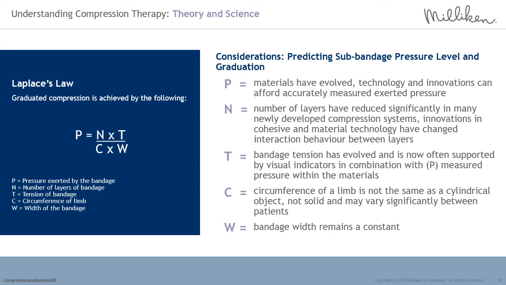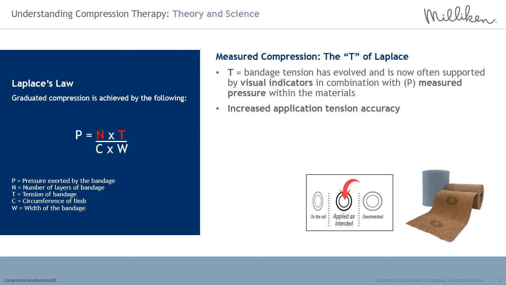W represents bandage width. This has remained a constant for lower limb below knee application. If we look at measured compression, or the T of Laplace, bandage tension features have evolved and are often supported by visual indicators which ensure correct tension at application, combined with measured tension of the elastic or inelastic fibres within the materials.